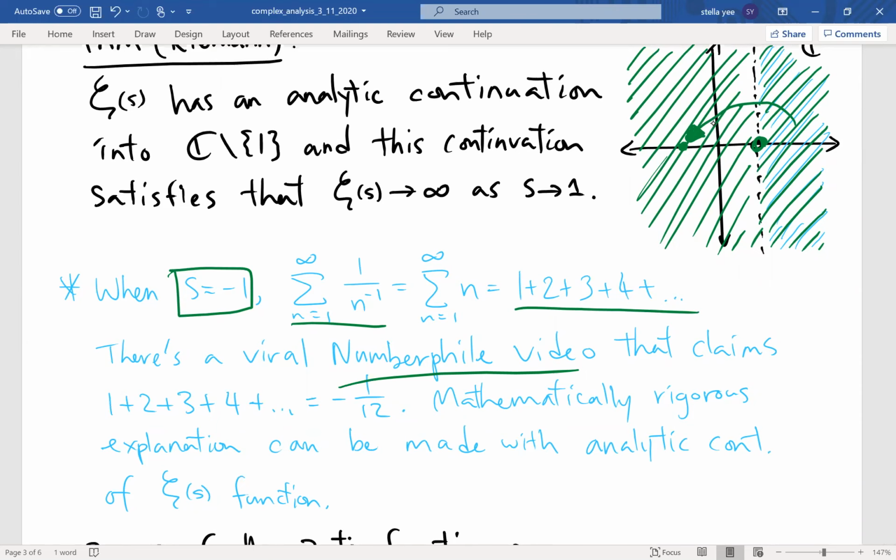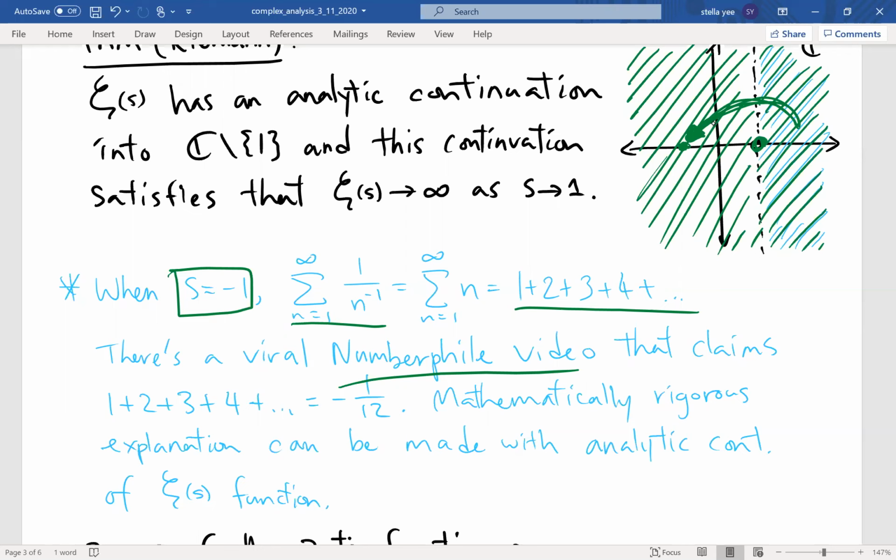It's done by physicists, and they make a lot of incorrect claims. Let's just say that. But you could make a mathematically rigorous argument. And in this analytic continuation sense, the value of the function there is negative 1 over 12. So you could make sense of this.